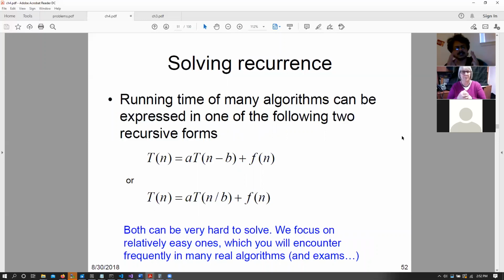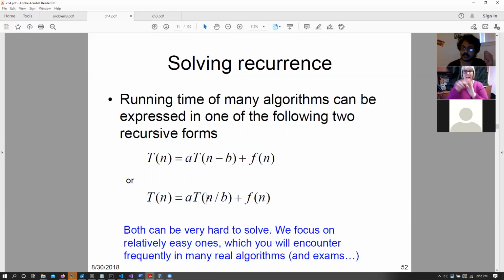So we have two potential forms of recurrence relations. One is T of n equals a times T of n minus b plus f of n, or we have T of n equals a times T of n by b plus f of n. So either it is n minus b or it is going to be n by b.